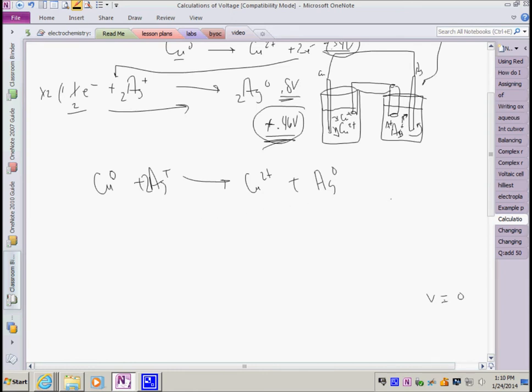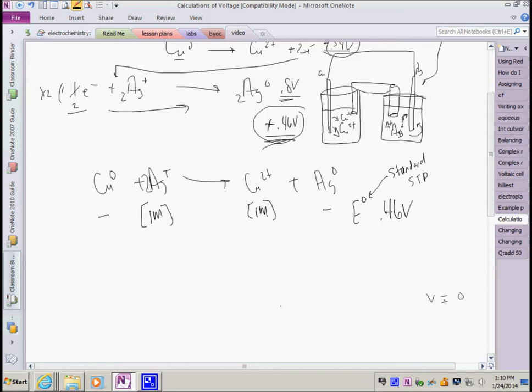We got a 0.46 volt reaction. What does this mean? Well, this is called my electropotential at standard conditions. That little circle, the degree sign, means standard, or STP. That means this concentration starts out at 1 molar, this concentration starts out at 1 molar. This and this are solids, they don't have concentrations.